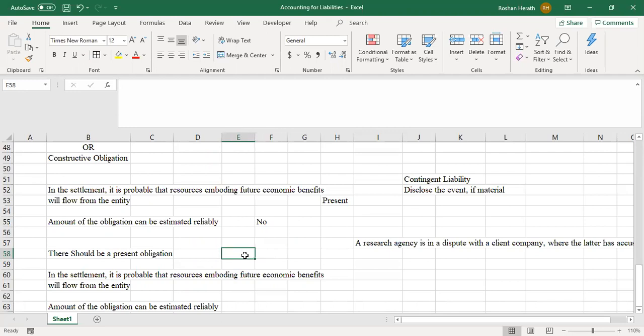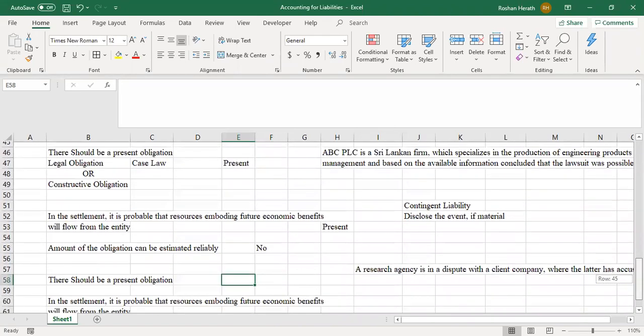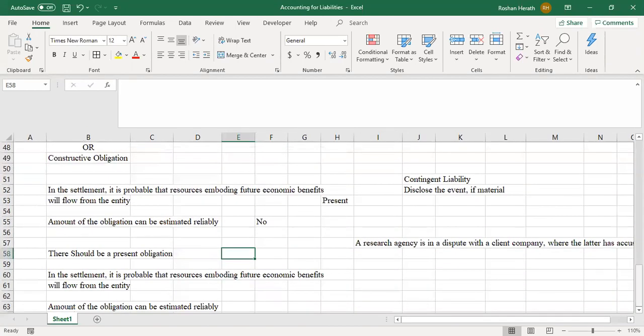Sometimes the in-house legal department could be of the opinion, at the reporting date, like in the previous case. In the previous case, clearly, the in-house legal department said that yes, there is a present obligation. The lawsuit was possible. But here there is nothing as such.